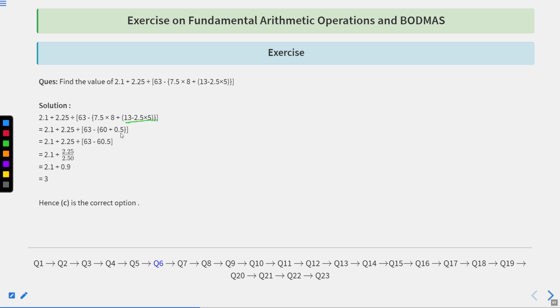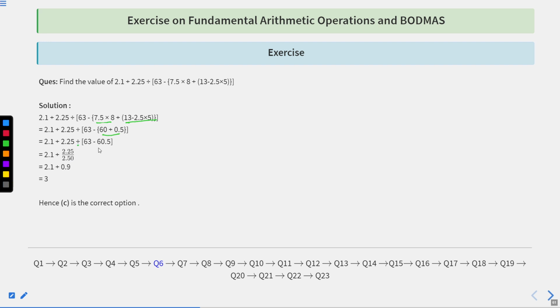It will be 3.0.5, and on multiplying 7.5 into 8 we will get 60. And next, according to BODMAS rule, we are going to resolve this bracket first, which will be 60.5. And now resolve this bracket first. It will be 2.50.